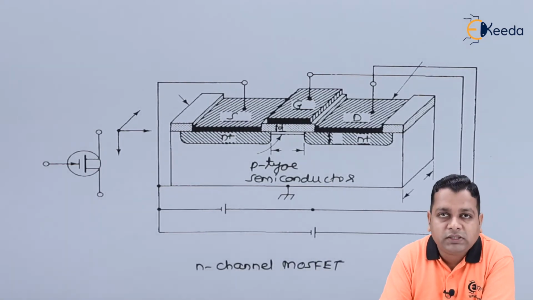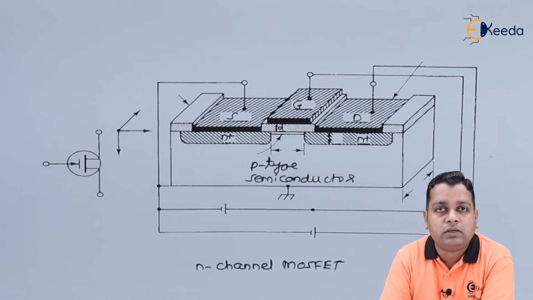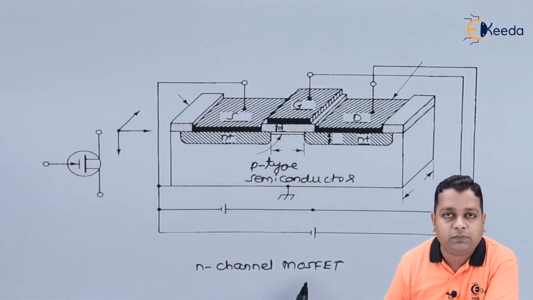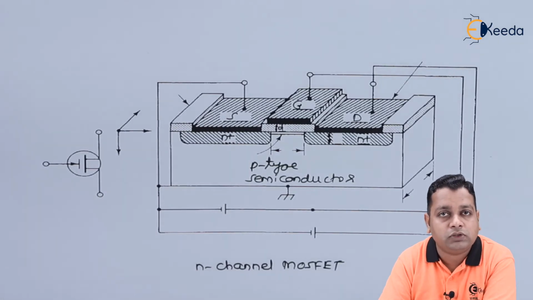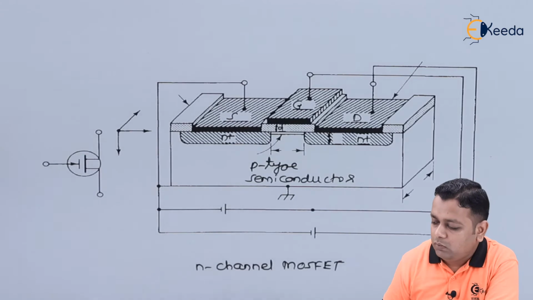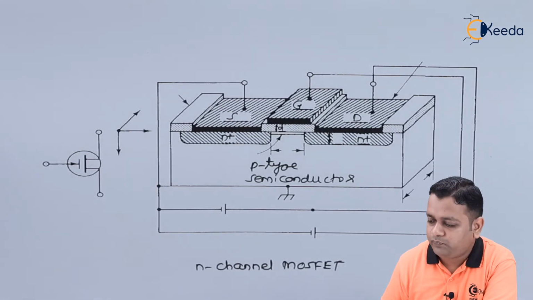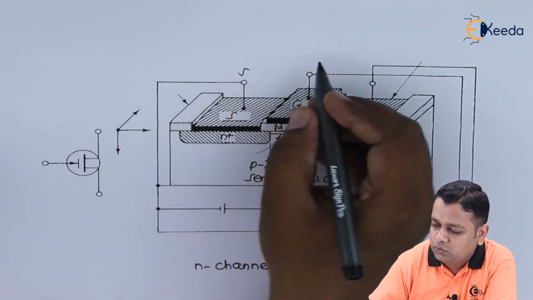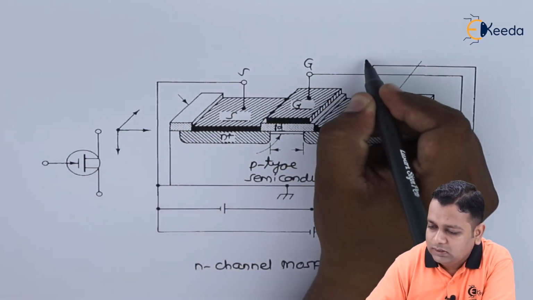In a similar fashion, with the swapping of the N type and the P type material, we can go for the P channel MOSFET also. Next to that, we can also have the complementary metal oxide semiconductor field effect transistor called CMOS, and further the memory devices and all are the family members of the MOS technology. Now these are the important terminals that we have shown: the source, the gate, and the drain.